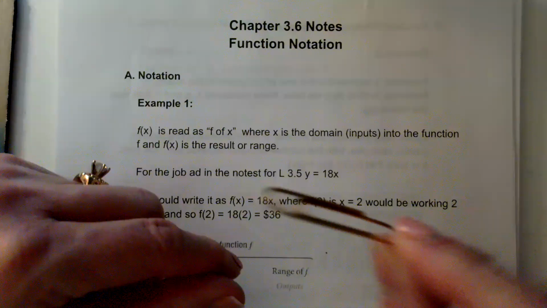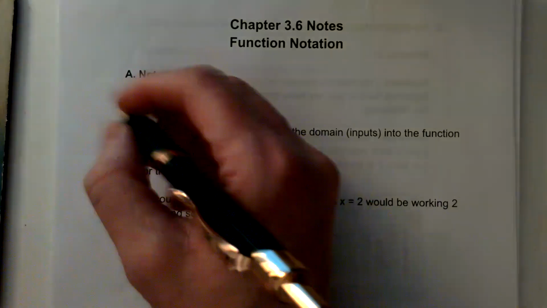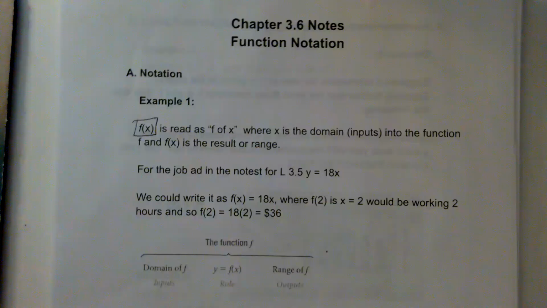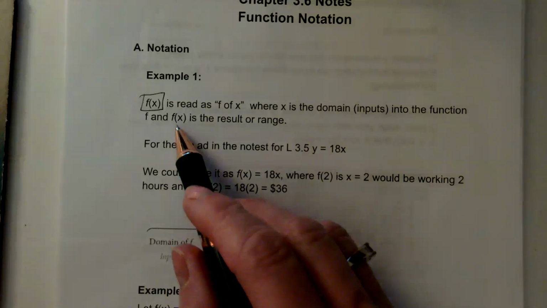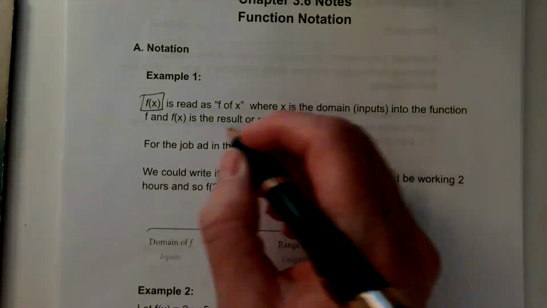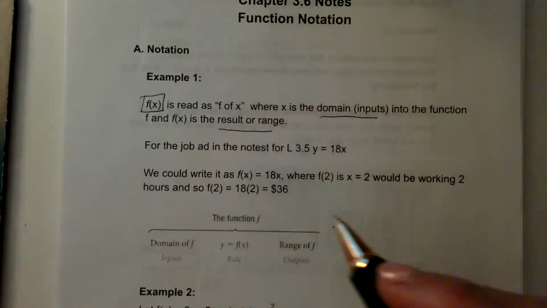And f is the machine itself that makes the paperclip. So I'm telling the reader when they see this symbol that x is my input, and the thing that comes out, f of x, is the range or the result. So we have the domain that goes in and the range or result that comes out.